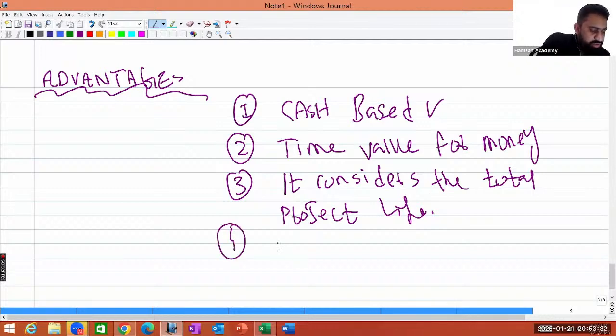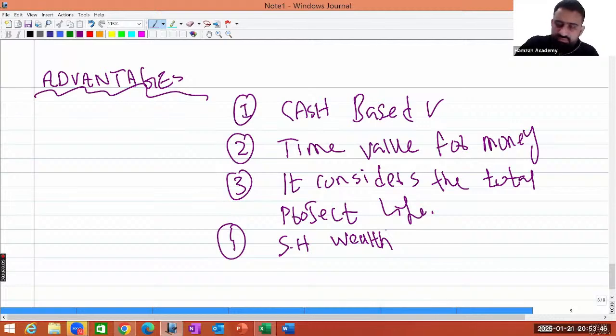Number 4, we can relate the NPV with shareholder wealth. If NPV is positive by $10,000, that means the shareholder wealth will increase by $10,000. That is an advantage.